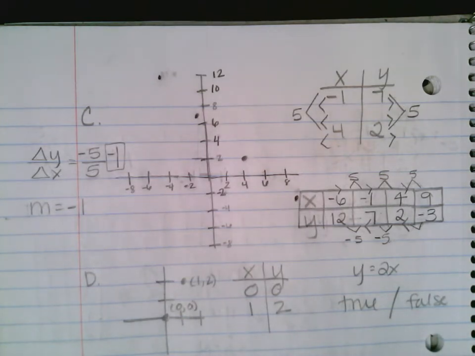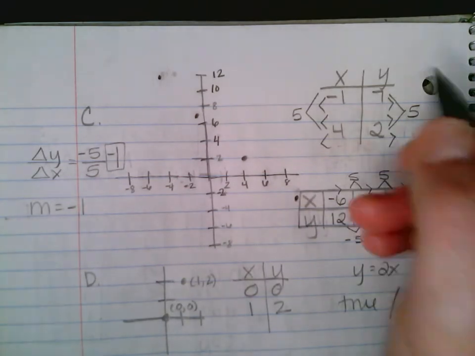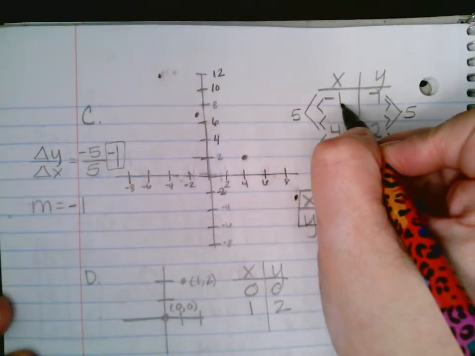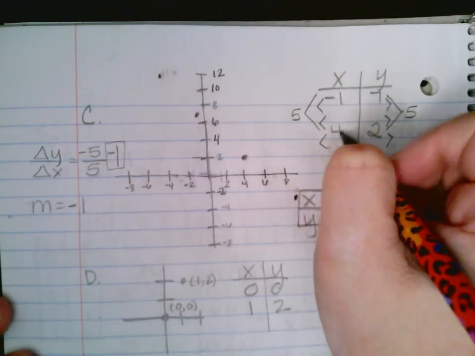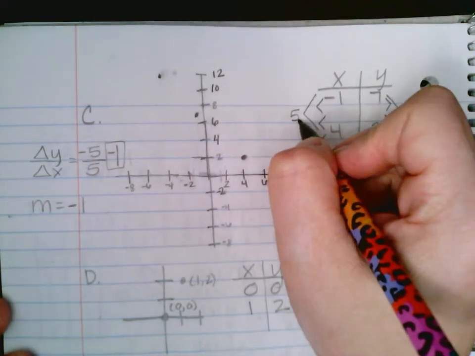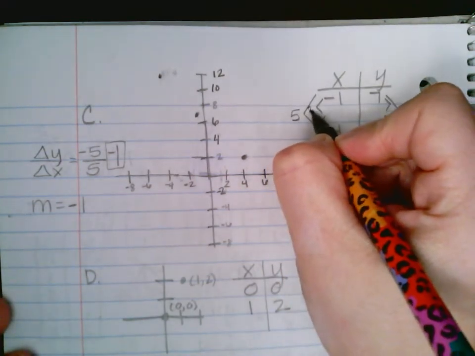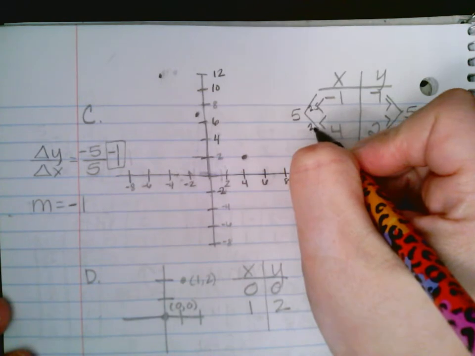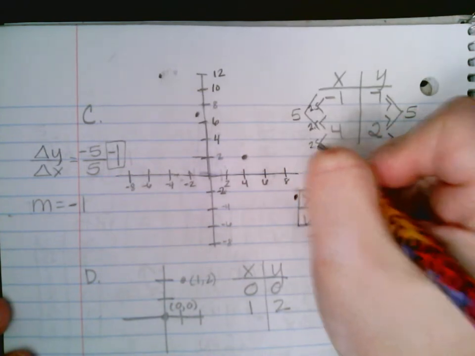Well, 1 over 2 is 1 divided by 2, or I can multiply something by 0.5, which is half. So I have negative 1 and I have 4 here. What is half of 5? Half of 5 is 2.5, which means all of these are 2.5.